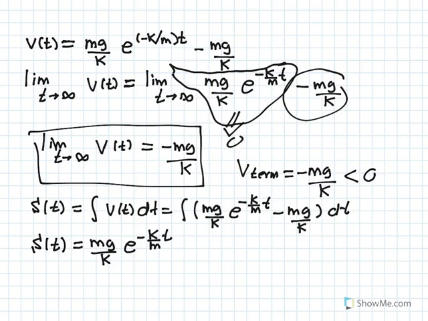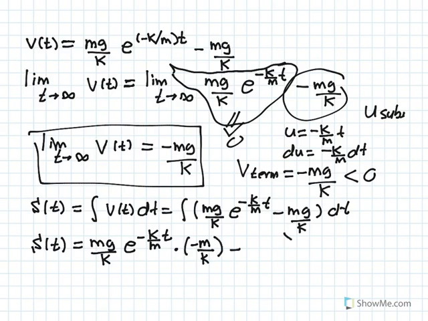We're reversing the chain rule, or equivalently U substitution. We're letting u be equal to minus k over m t, and du is equal to minus k over m dt. Because it's easy, we just do it in our head. So we're going to divide this by negative k over m. That's the same as multiplying by negative m over k.